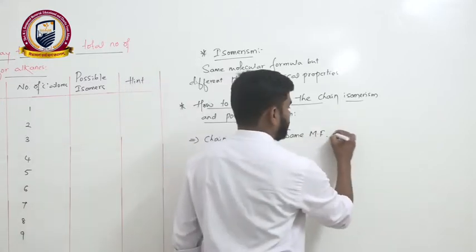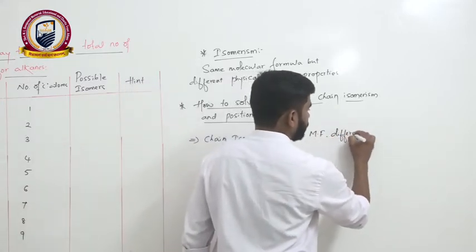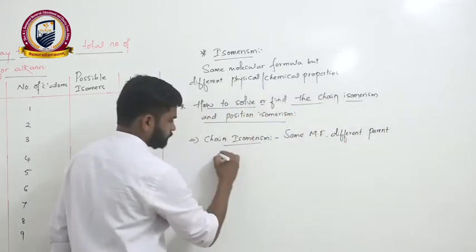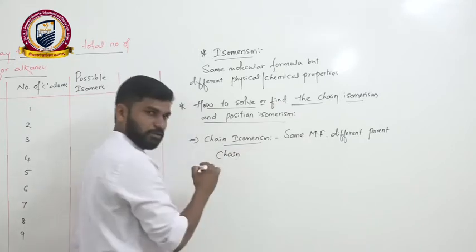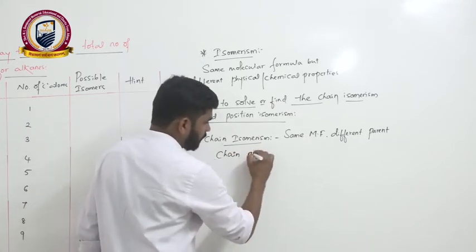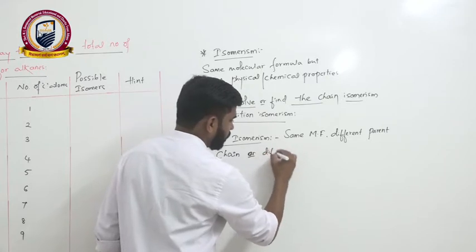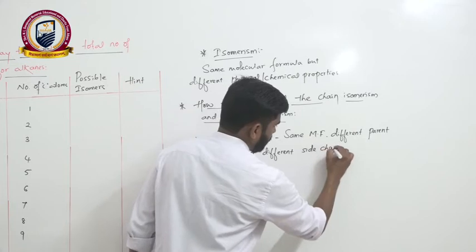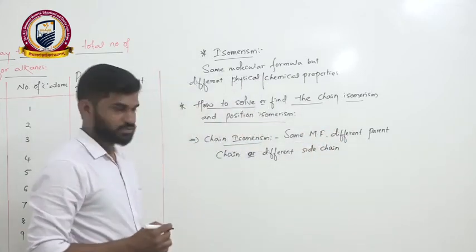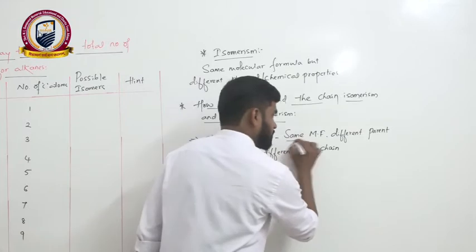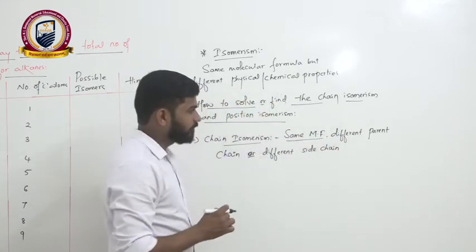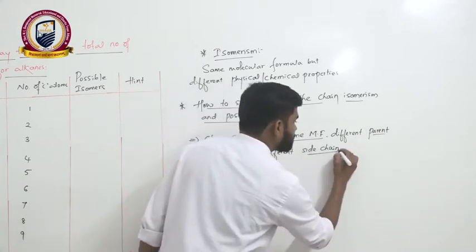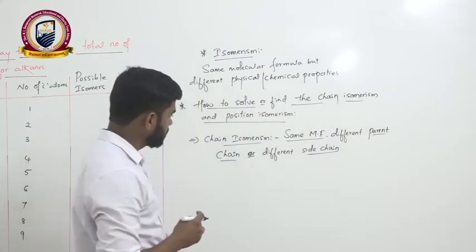That is, a different parent chain, or a different substituent or side chain. Such isomers are called chain isomers. Chain isomers have the same molecular formula but a different parent chain or a different side chain.